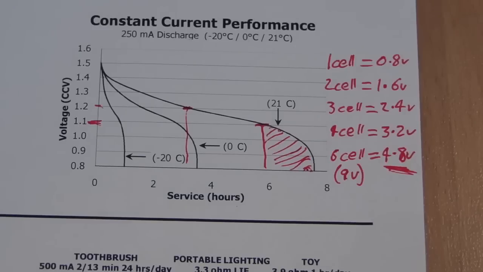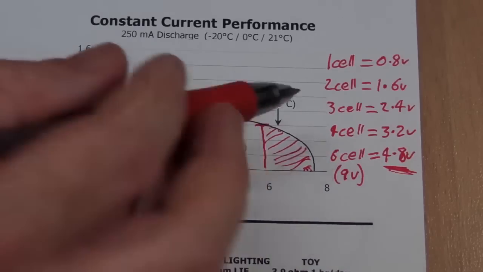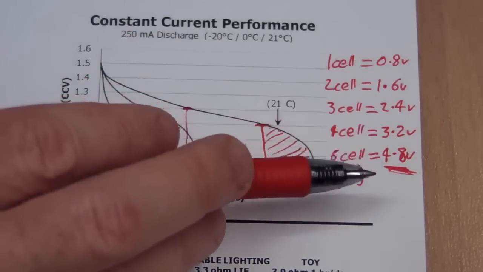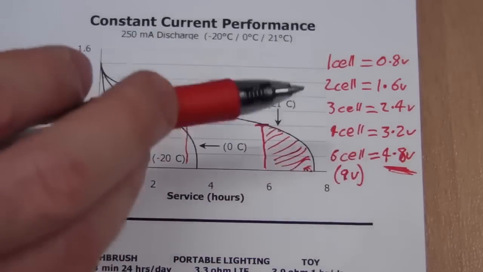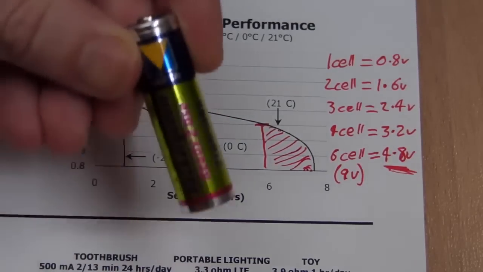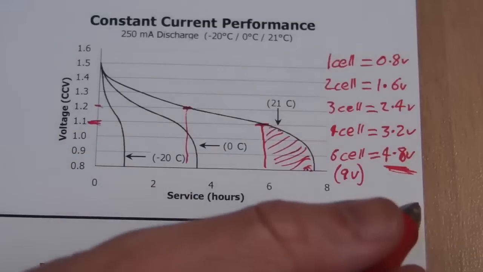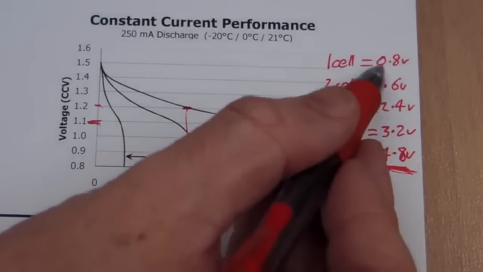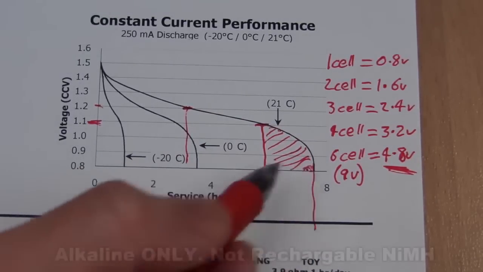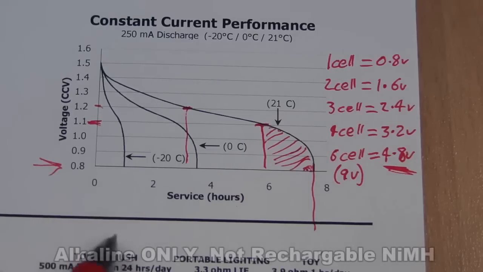So when you're designing your circuit to work off AA or AAA alkaline cells or primary cells, these are the voltages that you should design your product to work down to. Ideally, if you want to use the most capacity inside this battery that you can, then this is what you should do. For a single cell, 0.8 volts, as I said, because that just drops off like a brick wall down at 0.8 volts there.